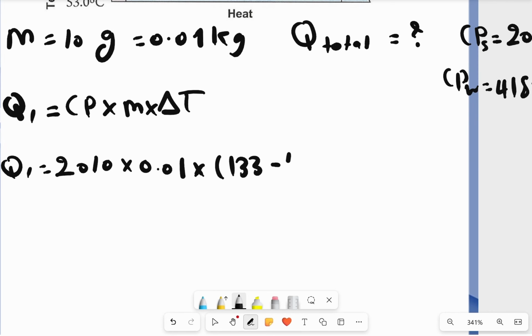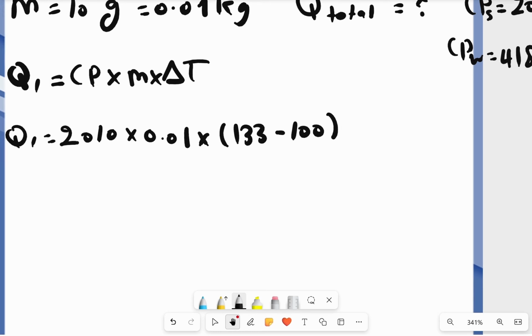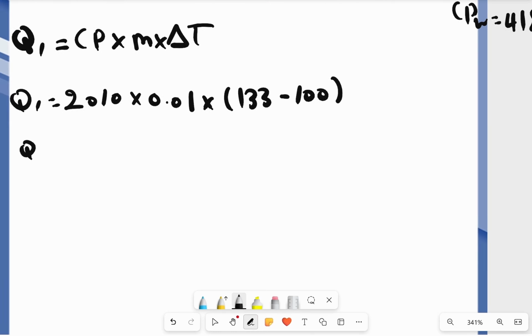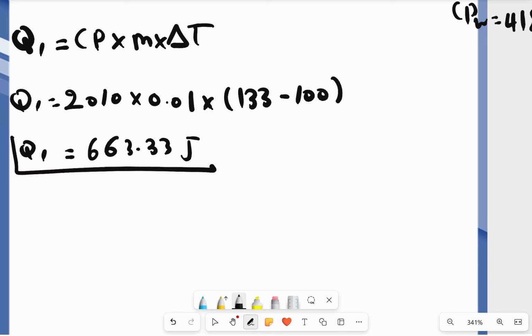Calculate all of this, and you get 663.33 joule. This is the first Q.